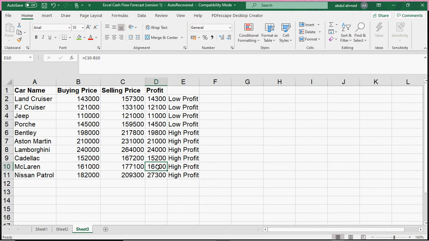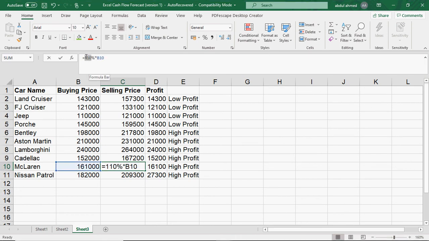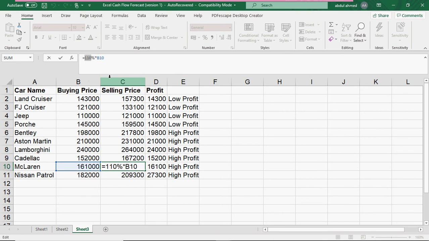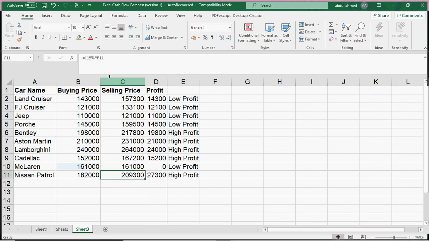And I said, right, the selling price was not 110, but nobody was buying this car, so maybe we were making a loss. Okay, so I sold it at the same price I bought because I wanted to get rid of it. And you can see it is a low profit.